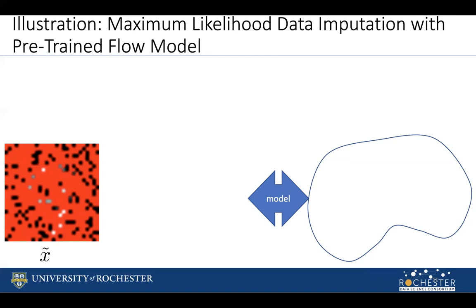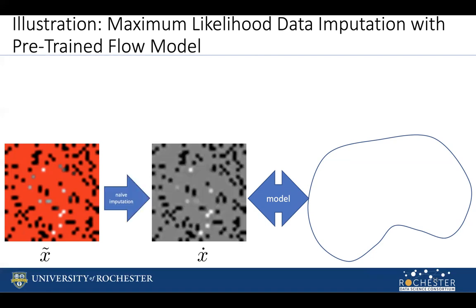An intuitive way to perform imputation with a normalizing flow model would be to first fill in the missing values with some naive mechanism for imputation. For example, let's assume we impute missing values with a constant gray value of 128. In this step, you could use any shallow imputation method of your choosing, including nearest neighbors or any sort of interpolation.